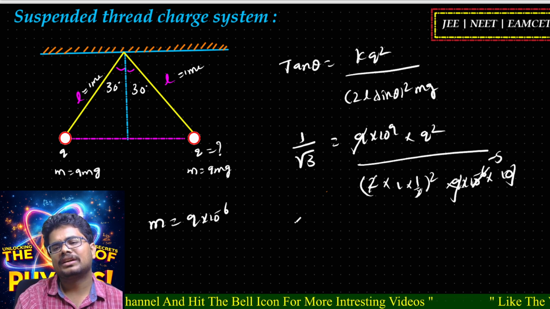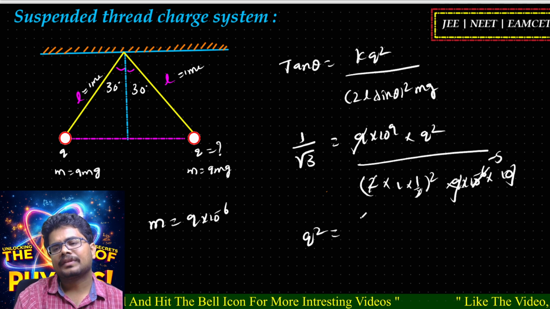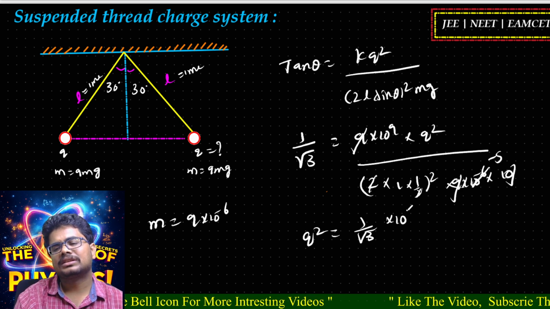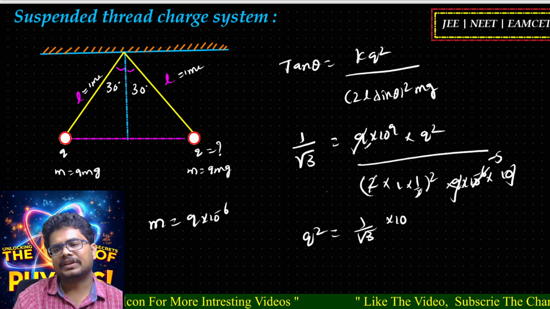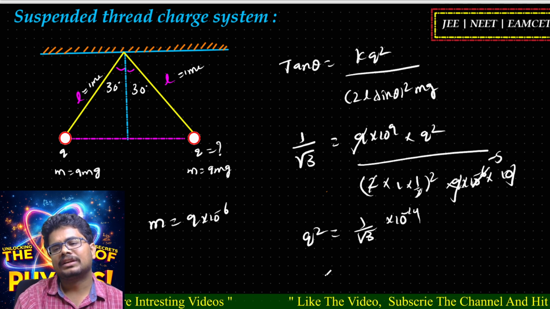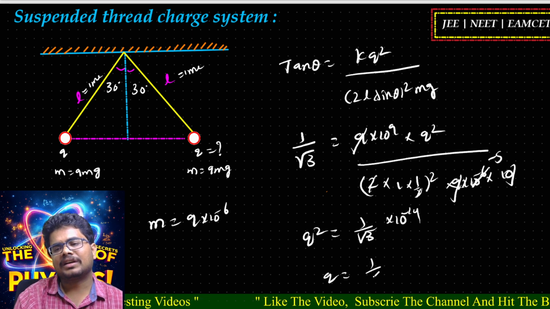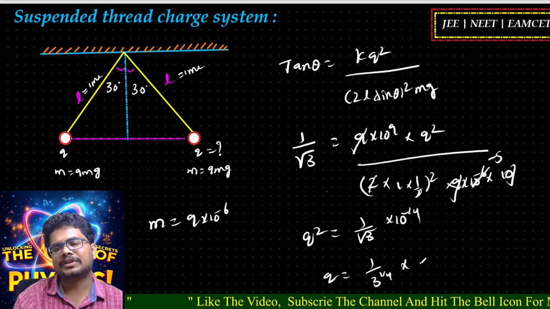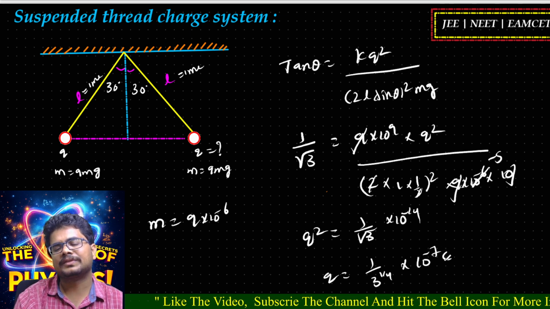You send 10 power 14 to the RHS, so Q square is equal to 1 by root 3 into 10 power minus 14. Therefore, Q equals 1 by 3 power 1 by 4, the fourth root, into 10 power minus 7 coulombs, which we got.